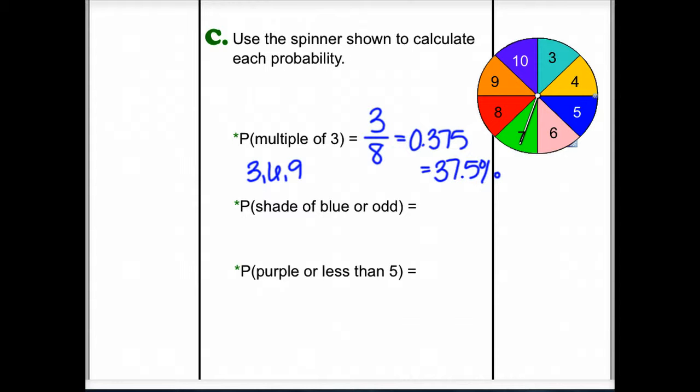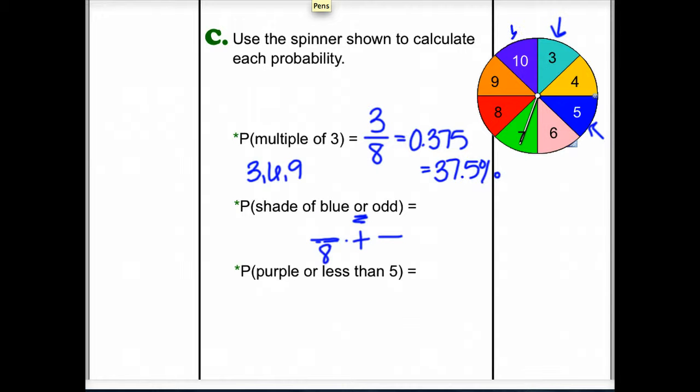Shade of blue or an odd. Or means we're going to add. So I'm going to take these separately. Whoops, not 25, my bad. We are going to take it out of 8. If we want a shade of blue, this is a shade of blue, this is a shade of blue.